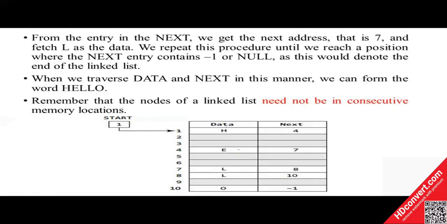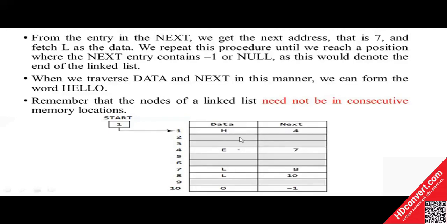After the first data, the second data is stored in the fourth location. So this is the difference between array implementation and linked list implementation. In array implementation, the data H and E must be stored in consecutive locations.